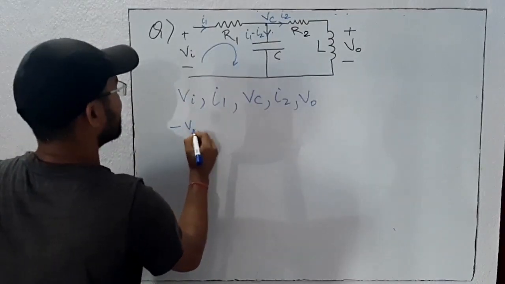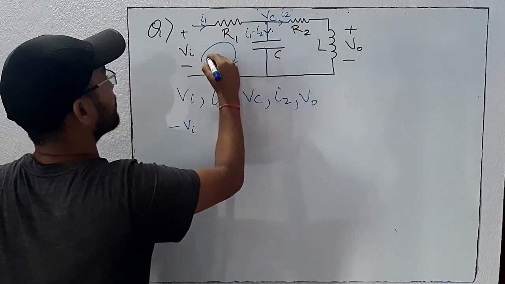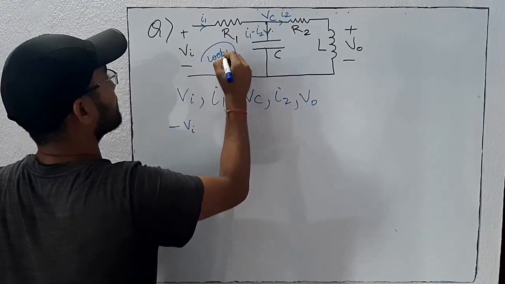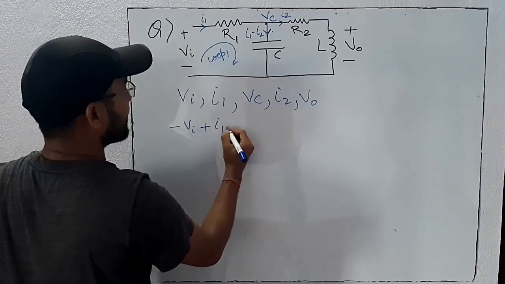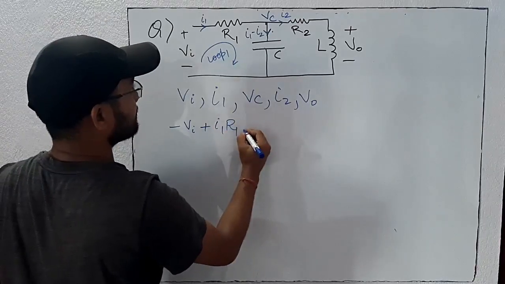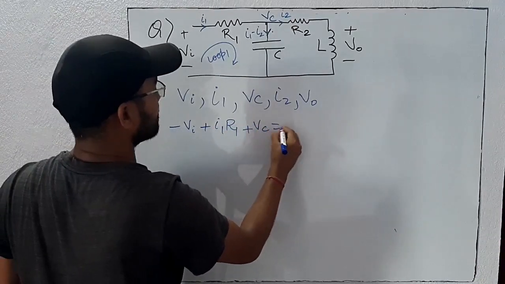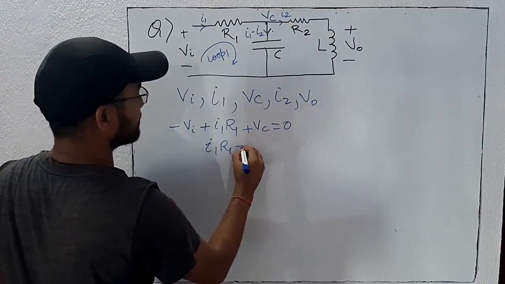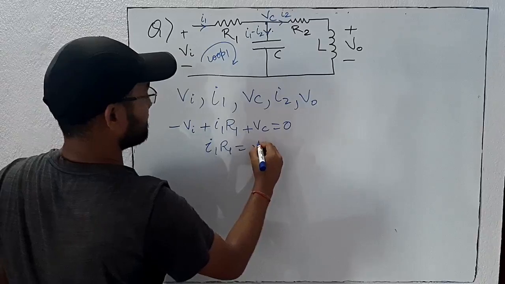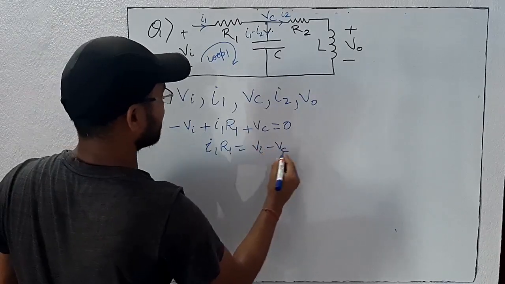So first of all, we will write for I1. We take KVL in this loop 1: minus Vi plus I1 R1 plus Vc is equal to 0. So I1 R1 is equal to Vi minus Vc.